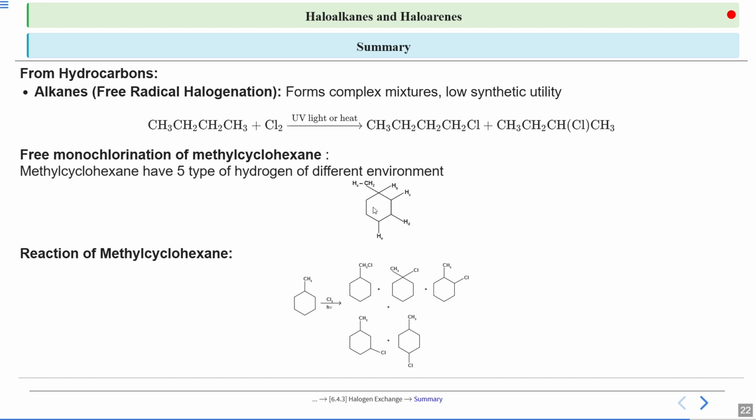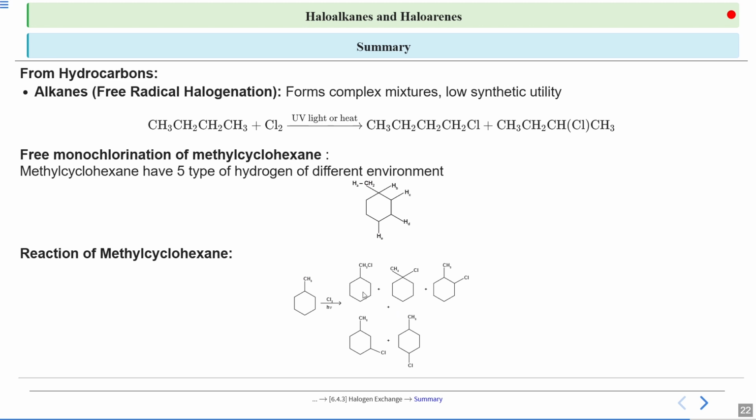So every one of the 5 types of hydrogen in methylcyclohexane can be replaced by chlorine, and you get 5 different isomers as the products of the methylcyclohexane and chlorine reaction.